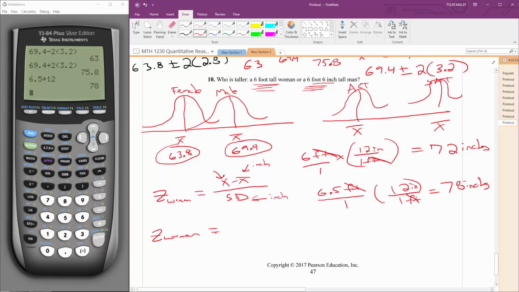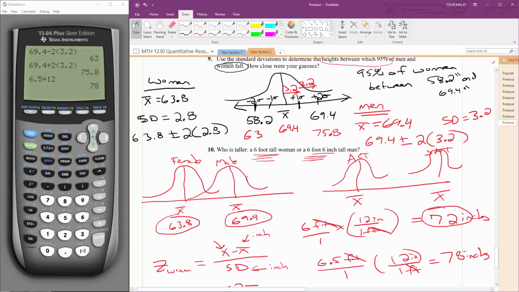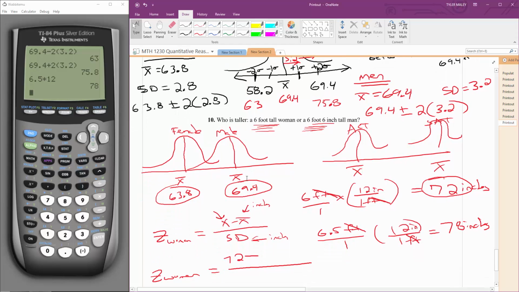So for the woman, we take this x value, because she was 6 foot. So we would take 72 minus the woman's x bar, the woman average. So we'll use 63.8, as before.